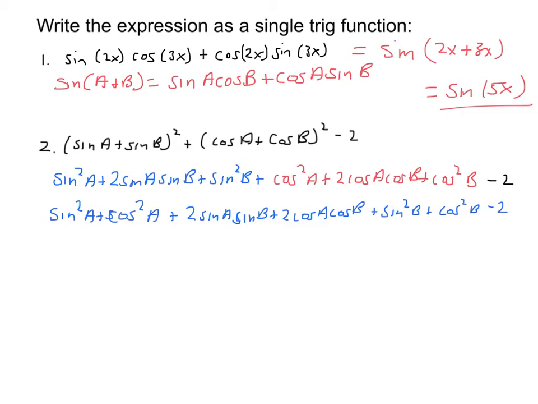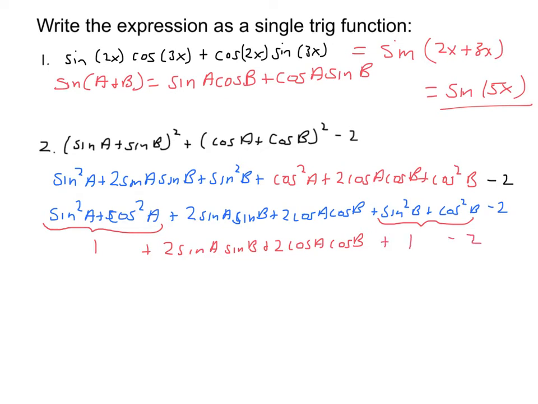Now, when I look at this part right here, the sine squared A plus cosine squared A, that's one of our Pythagorean identities. So I know that is equal to 1. And I'll have this plus the 2 sine A sine B plus 2 cosine A cosine B. And again, sine squared B plus cosine squared B is 1.